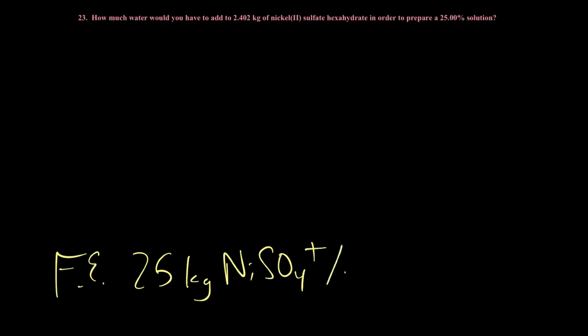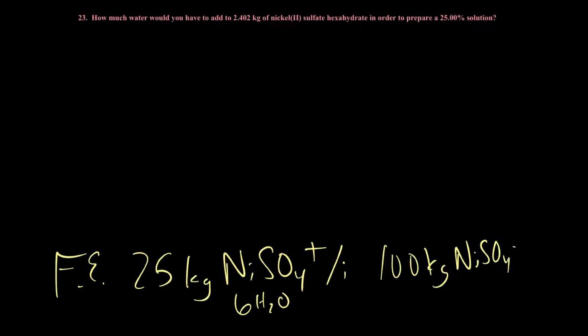Okay, and the last question, we know from this problem that for every 25, let's call it kilograms, of nickel(II) sulfate, NiSO4, hexahydrate, 6H2O, there is 100 kilograms of solution.